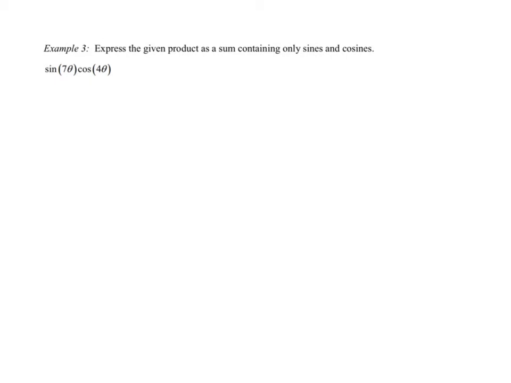On example 3, I notice that I have the product of a sine and a cosine, so I'm going to be using the third formula from your list for the product to sum, and so that's going to say that this is the same thing as 1/2 sine of alpha plus beta, so that'll be 7 theta plus 4 theta, and then plus sine of alpha minus beta, so that'll be 7 theta minus 4 theta.